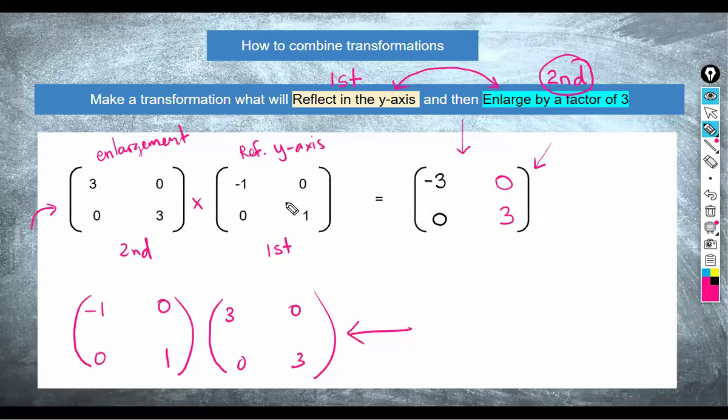Everyone understands that? Also, this is a time saver, because if the examiner wants me to reflect something in the y-axis and then enlarge it by a factor of 3, if it was a triangle, I would have to do 3 pieces of calculation, one for each point here, and then 3 pieces of calculation over here. That's 6 calculations in all. Or I could just get this matrix, which is only one calculation when you get really good at matrices, and then I could take this one matrix and visit each point.